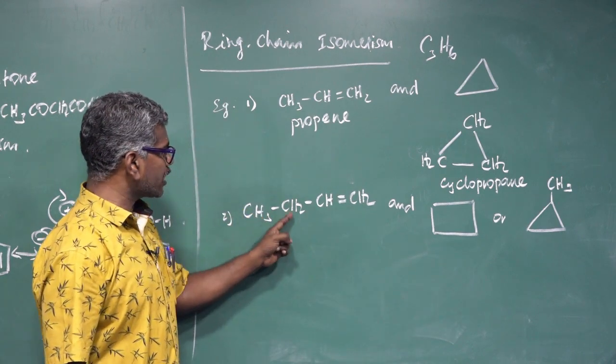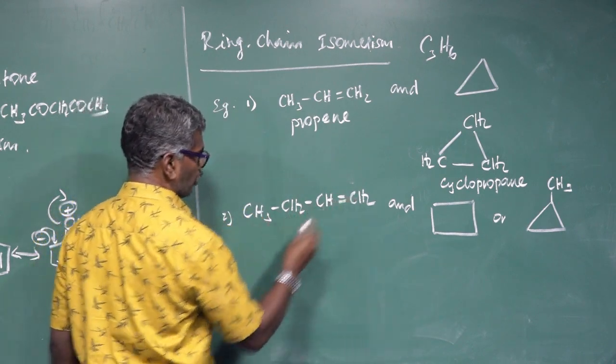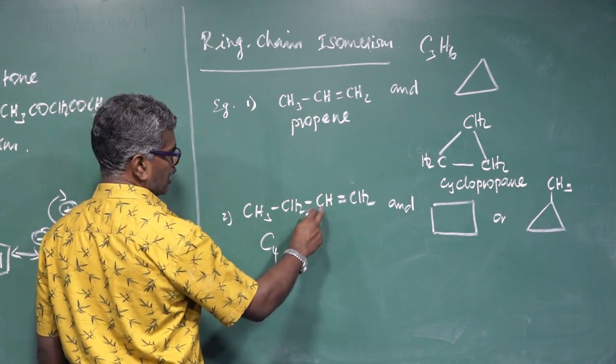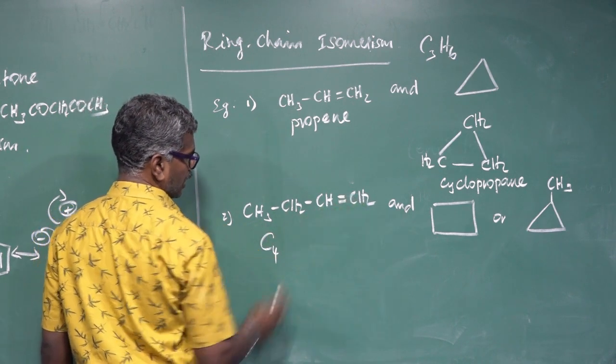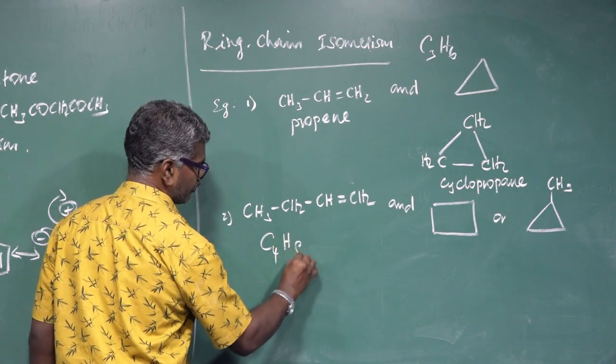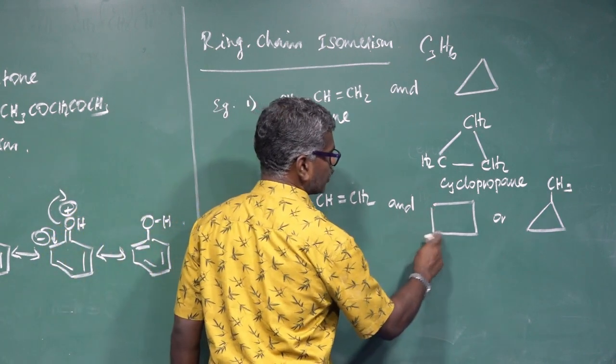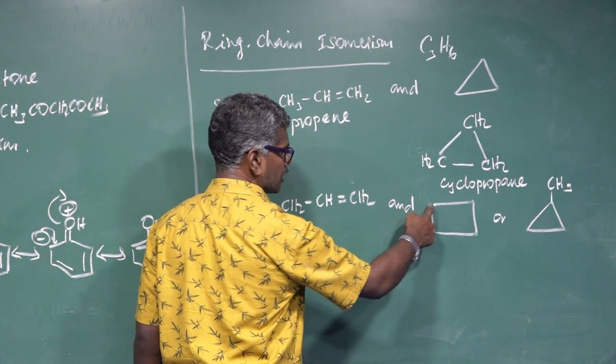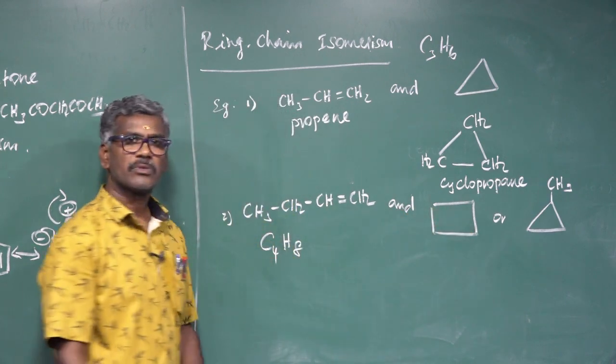Here totally how many carbon atoms? 1, 2, 3, 4. C4. How many hydrogens? 5, 7. Here 2, 8 hydrogens. Here 1, 2, 3, 4. Each carbon carrying 2 hydrogens, totally 8 hydrogens.